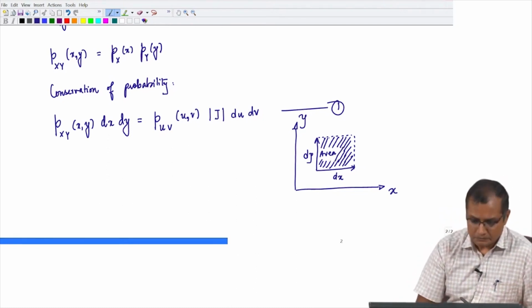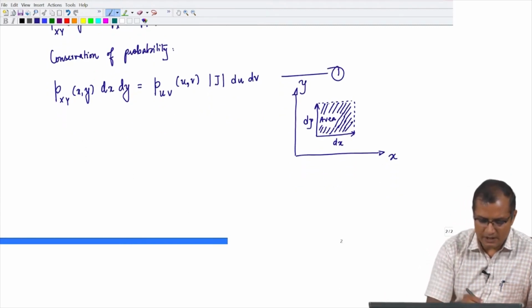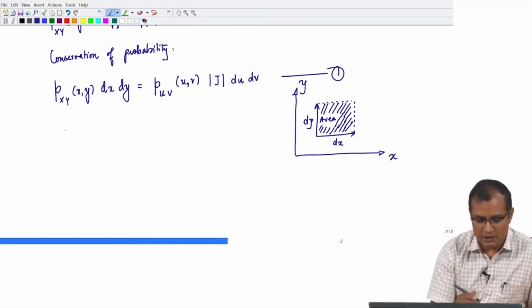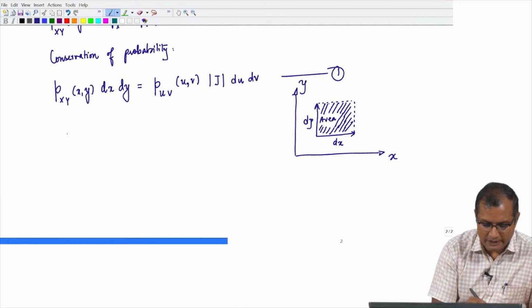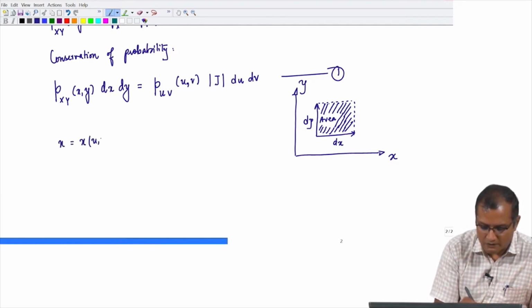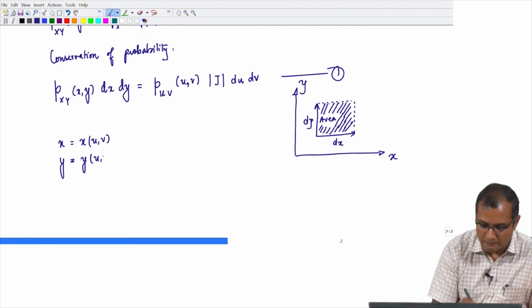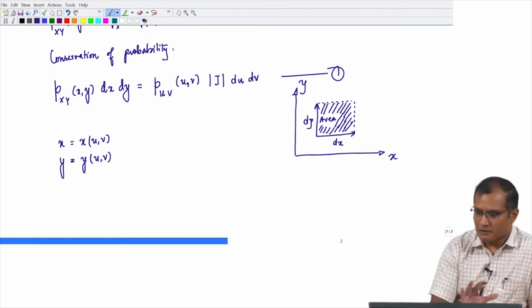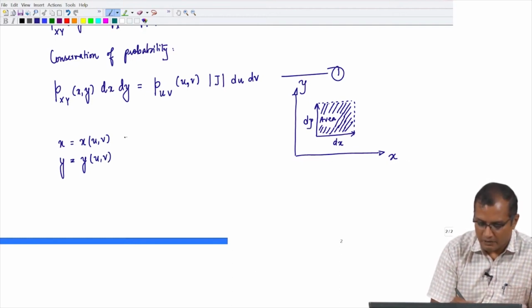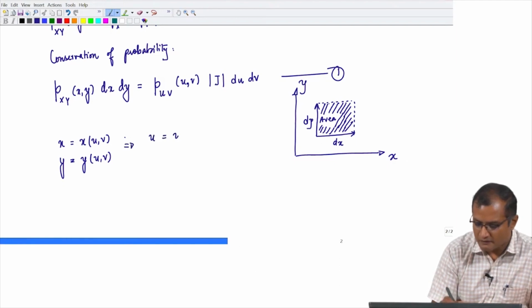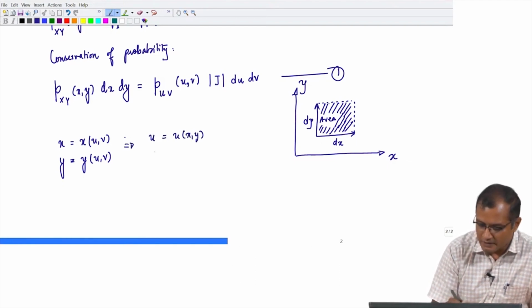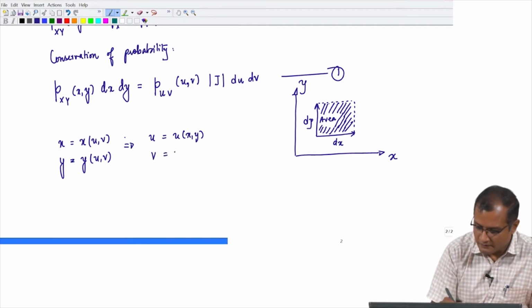And because our variables x, y depend on variables u and v, I can write down x as a function of u and v, okay, and y as a function of u and v, or I can invert them and also write down equivalently that u is a function of x and y and v is a function of x and y.